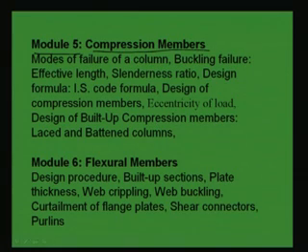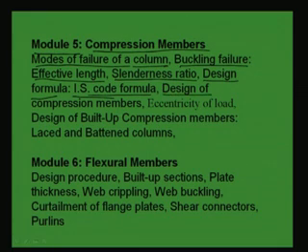So, we will see modes of failure of a column, buckling failure, then effective length, how to find out the effective length of a column, its slenderness ratio, then the design formula using the IS code, what the IS code has specified, those things we will see. Then design of compression member, right.